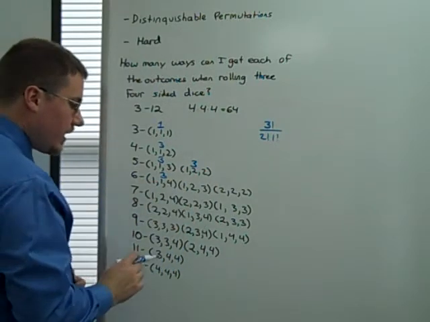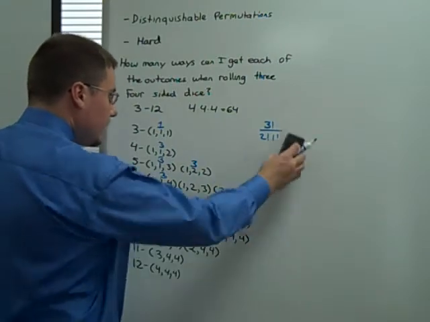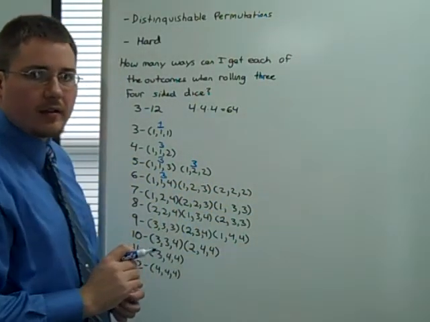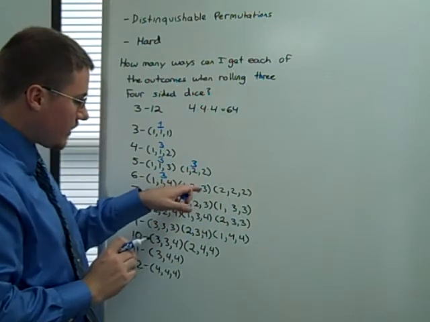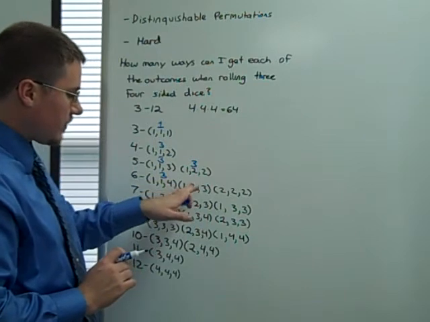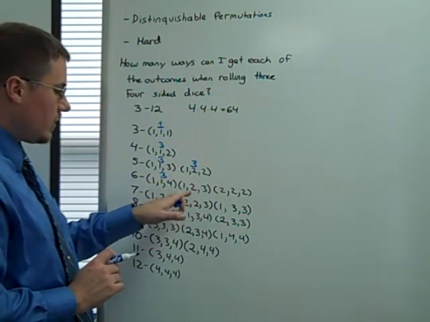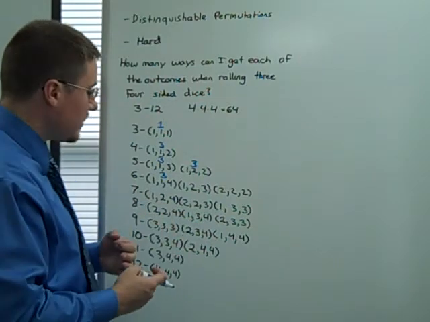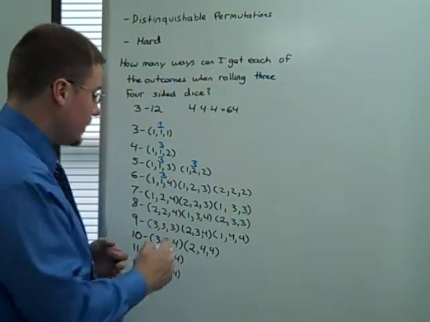Now 1, 2, 3, that is somehow different, because there are 3 different numbers from 3 different classes. So that means I can do this just like ordering students in a class, and it's 3 factorial, which is 6.